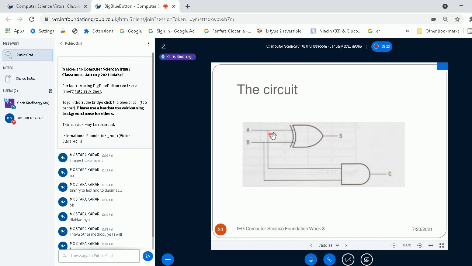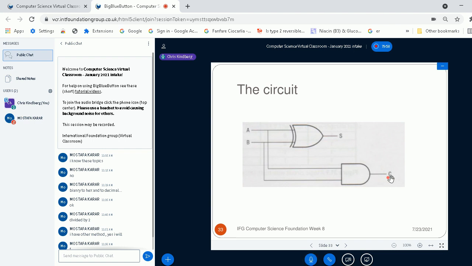If A is 1 and B is 1, the sum is 0 and the carry bit is going to be 1. I've got 1, 0 in other words. And how do I do that? It's simply ANDing A and B. If both are 1, the output C is going to be 1. And if you reflect on this, this is exactly what we mean by adding two bits together.